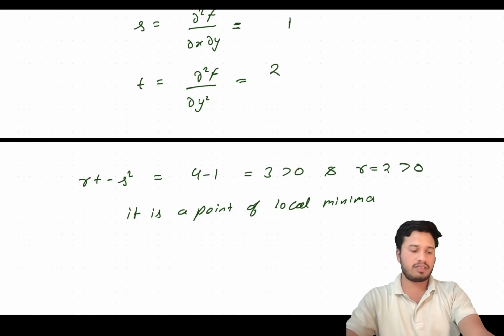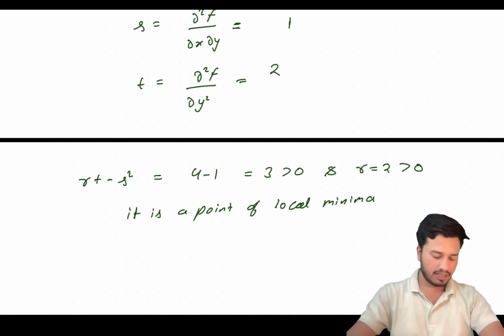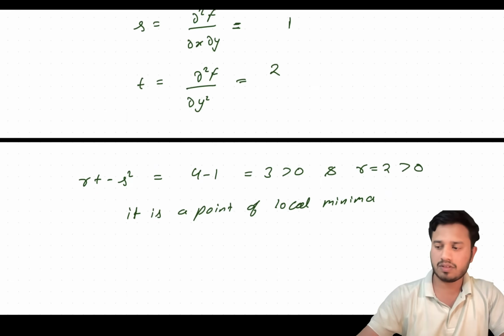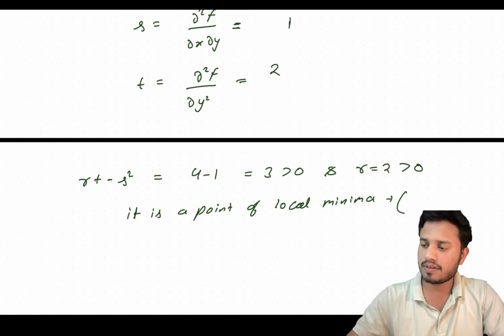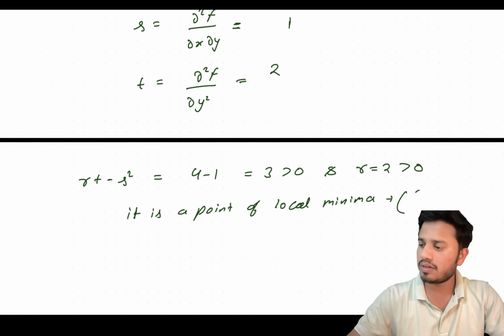Positive definite matrix. Positive definite matrix, at which point? At 2 by 3.